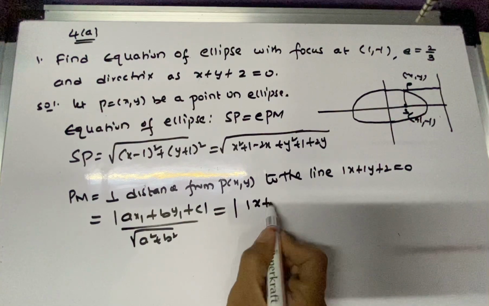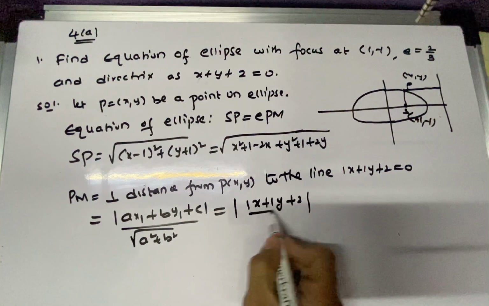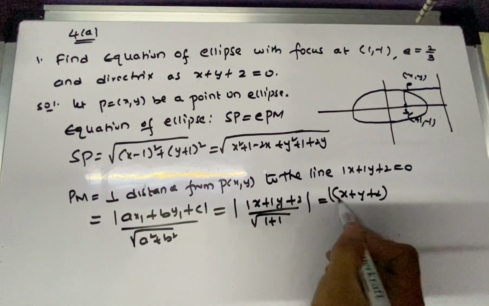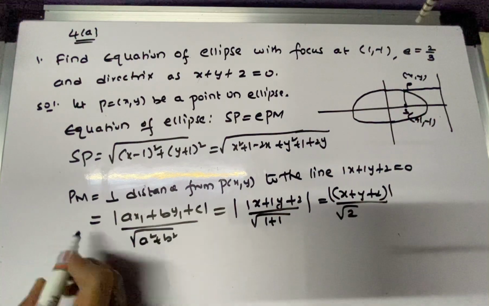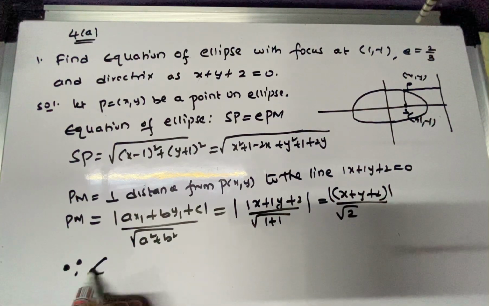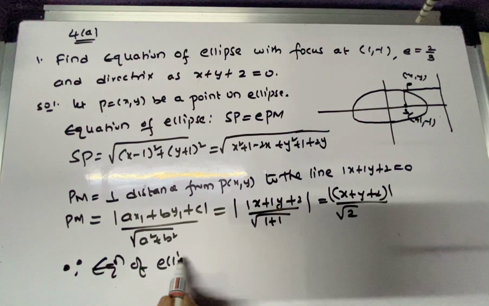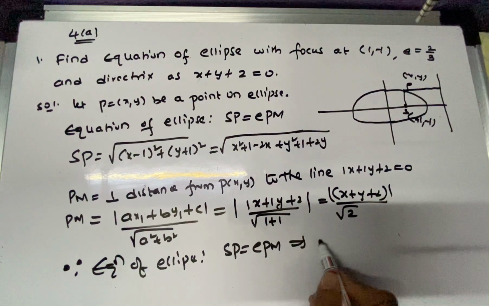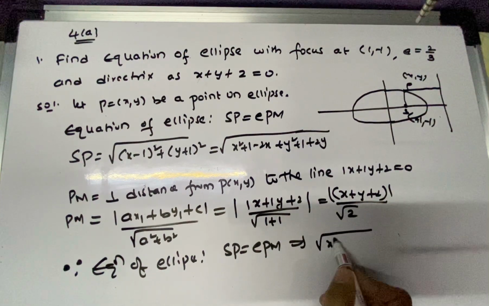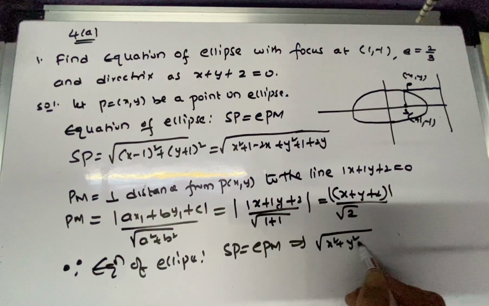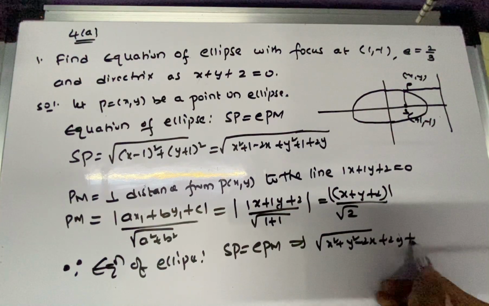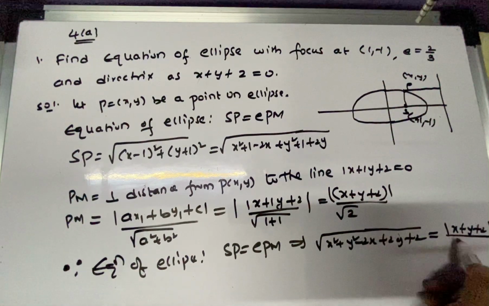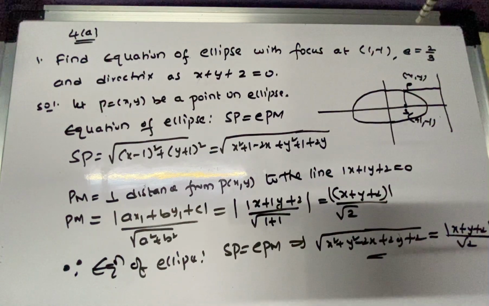Here x1 is x, y1 is y, so x plus y plus 2 divided by root 2. This is PM. Since the equation of the ellipse is SP equals E times PM, we put the distance formula for SP equal to E times PM. Square it and simplify this.